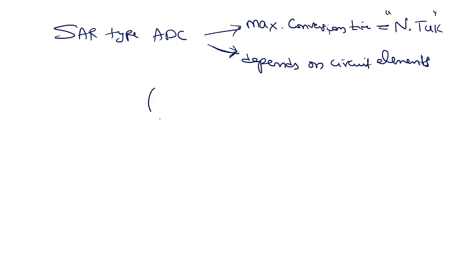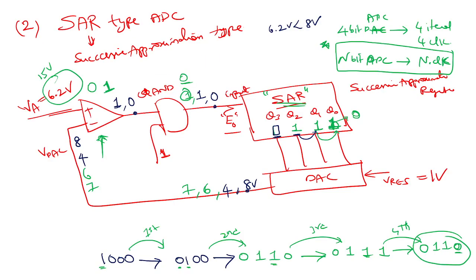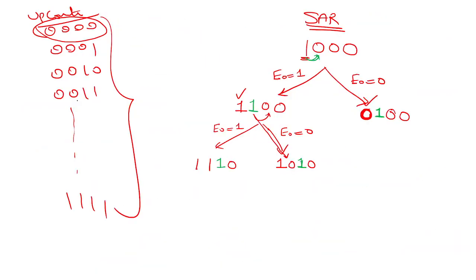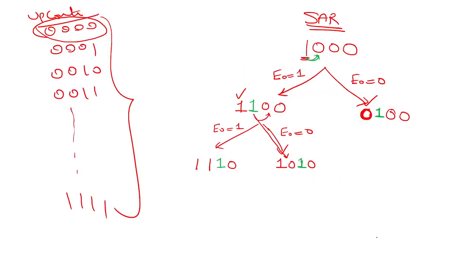And the best part about this SAR type is this. Whether you take 6.2 or you take 11.6, how many iterations did it take? First, two, three, four. Same thing, right? Here also 1, 2, 3, 4.